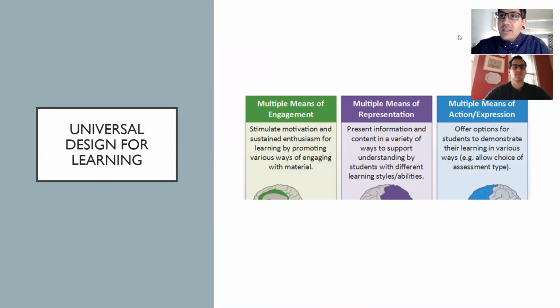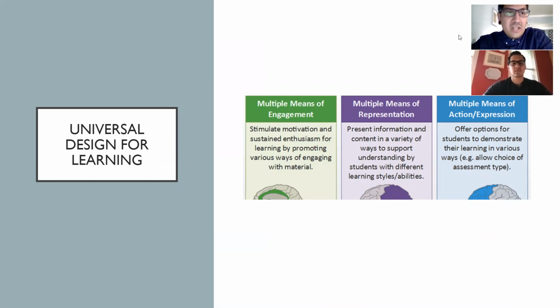Also, I know someone else in the group is talking about UDL, but this fits so well with accommodations and modifications that I felt like I needed to include it. UDL is Universal Design for Learning. This is an educational framework based on research and learning sciences that guides the development of flexible learning environments and learning spaces that can accommodate individual learning differences.